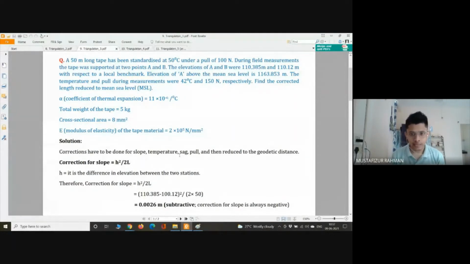If they are at the same level, then only we will get the perfect value, right? Because we are considering point A and point B, but there is a difference in elevation, so there will be a sloping, and therefore we will not get the exact value. Then there will be a correction for pull, there may be a correction for sag, and then we have to reduce it to the geodetic distance. So what is it?